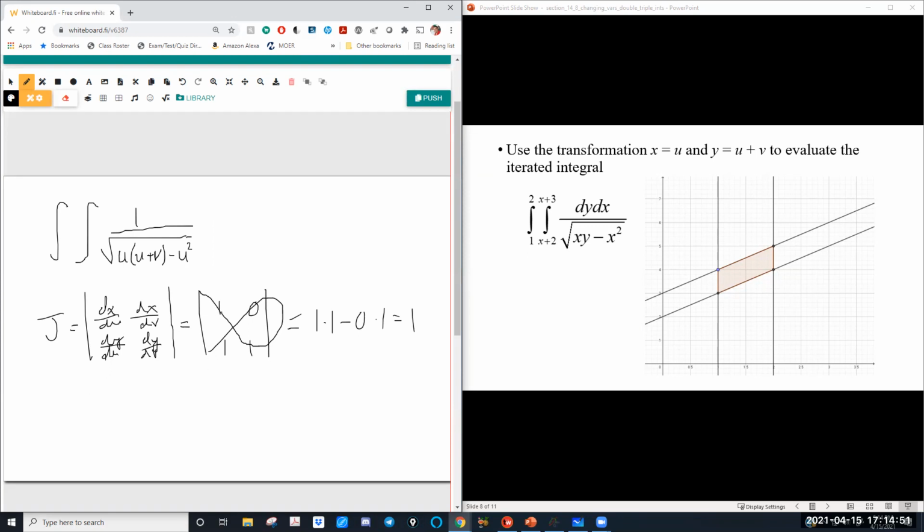Before I go any further, any questions about where the values for my matrix came from? The 1, 1, the 1, 0, 1, 1? Where'd you get them? So remember what this means, right? This means we're taking the derivative of x with respect to u, and we know that x equals u. So the derivative of this with respect to u is 1 because we're taking the derivative of u. And the other one, y equals u plus v.